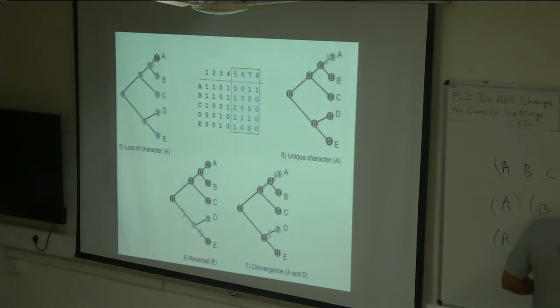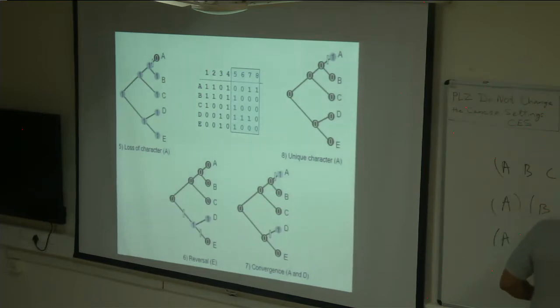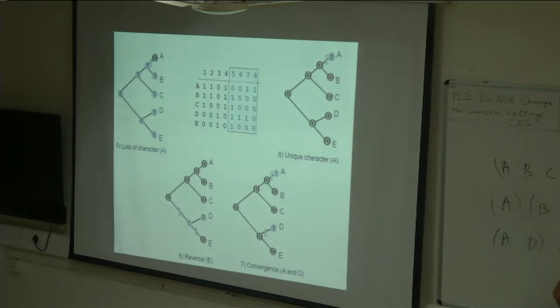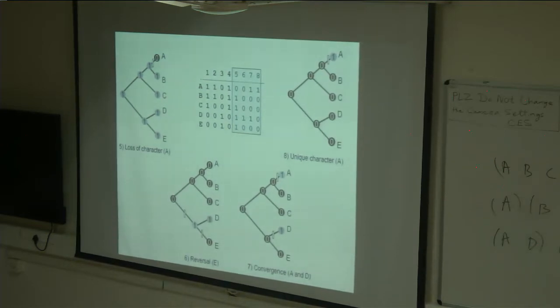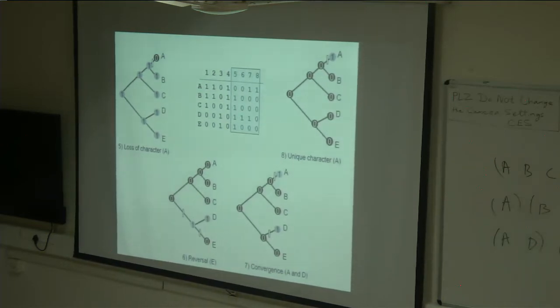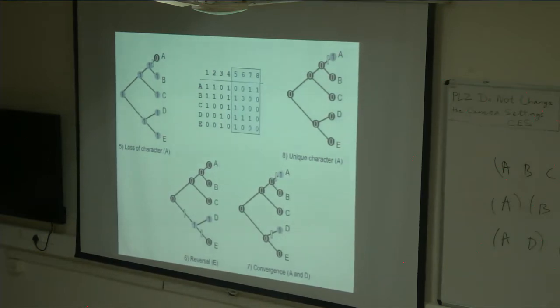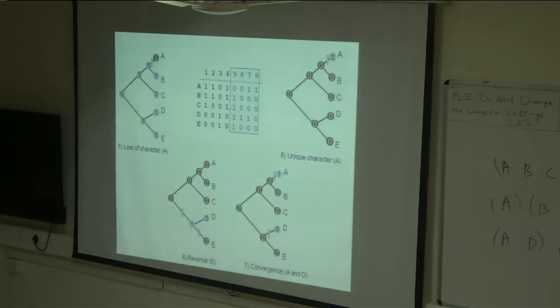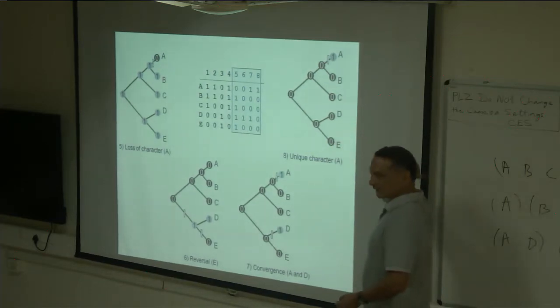So basically, because this is 0, all of this is 1, 1, 1. So you look like, hey, this makes sense, right? If we had used this character, then you would get the same tree.